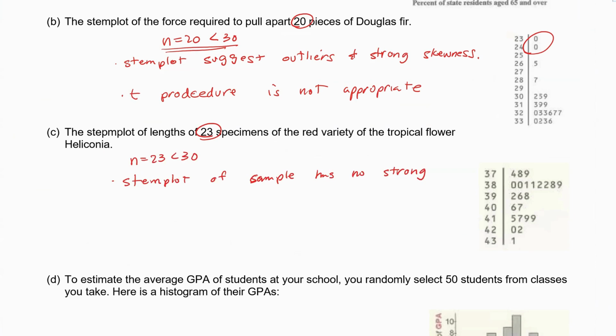I mean, there's a slight skew, but it's not strong skewness or outliers. And if that's the case, and if this is truly a random sample of these flowers that I can't pronounce, then I could say that the T procedure is okay.